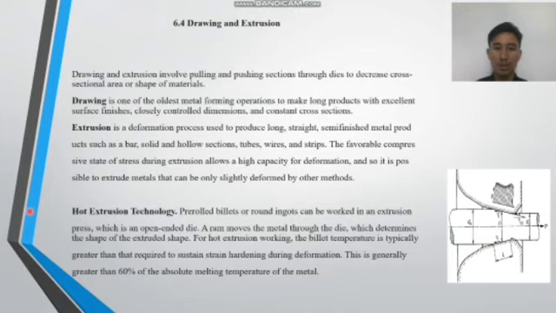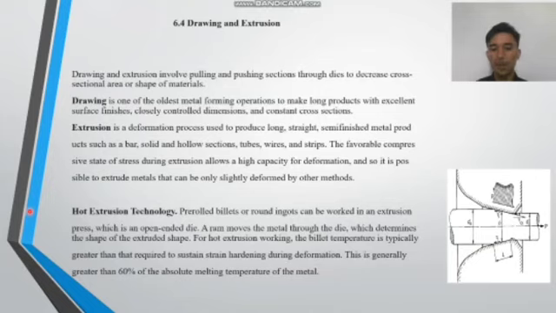The favorable compressive state of stress during extrusion allows a high capacity for deformation, and so it is possible to extrude metals that can be only slightly deformed by other methods.